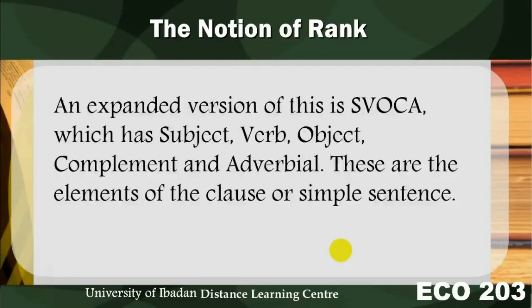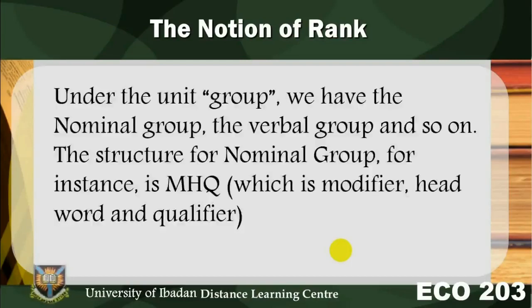An expanded version of this is SVOCA, which has subject, verb, object, complement, and adverbial. These are the elements of the clause or simple sentence. Under the unit group, we have the nominal group, the verbal group, and so on.